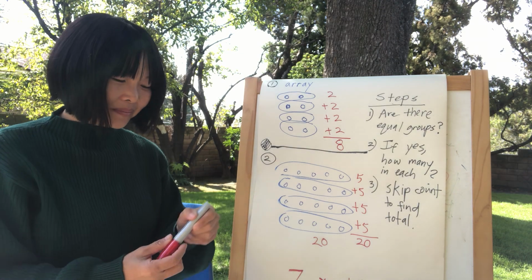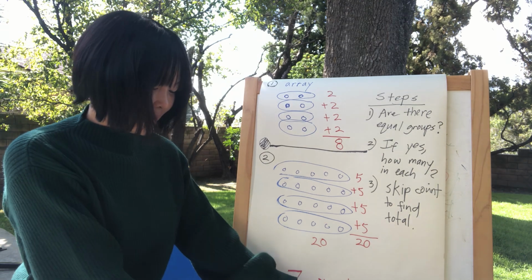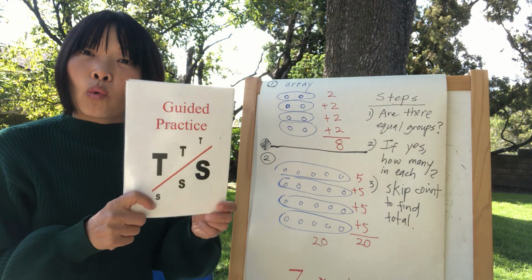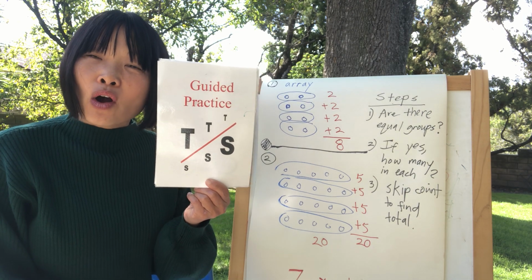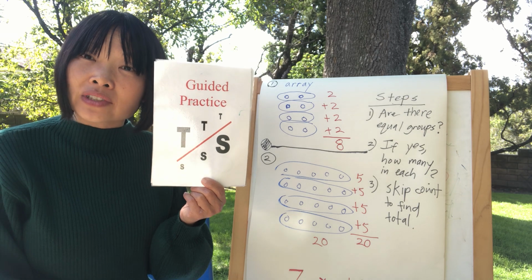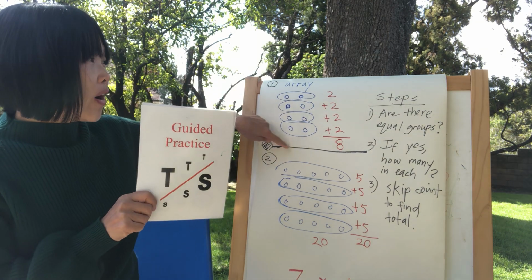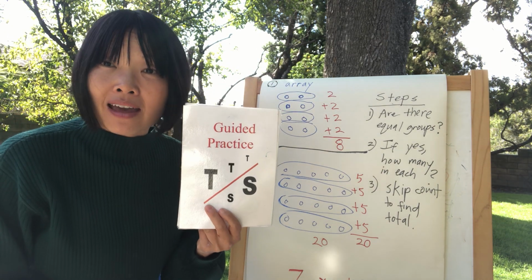Total's 20. Good work. Next, we're going to do guided practice. In this, we're going to find the totals of some equal groups or arrays. We're going to do it together.